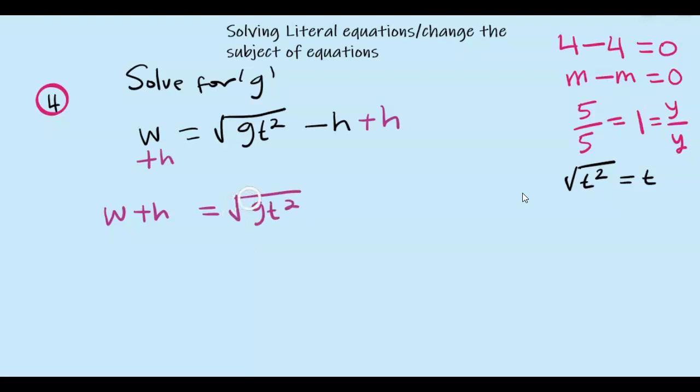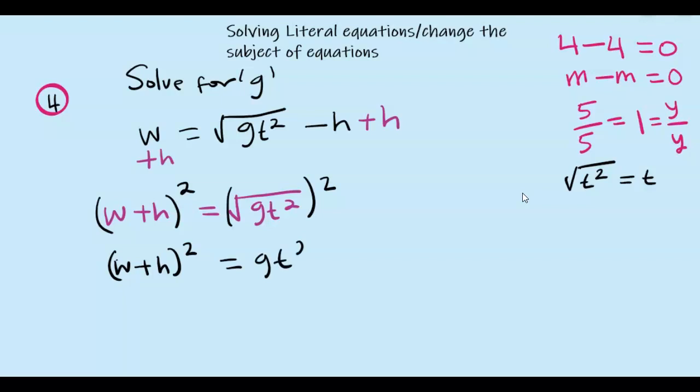Now we need to get rid of the square root here. So the opposite of square root is squared. We will square the whole of this, and we have to repeat the same thing here. Once we do that, this goes away, leaving us with w plus h all squared equals g t squared.